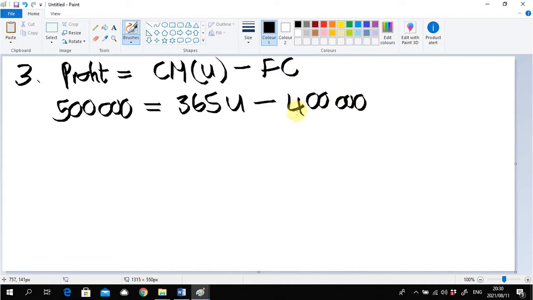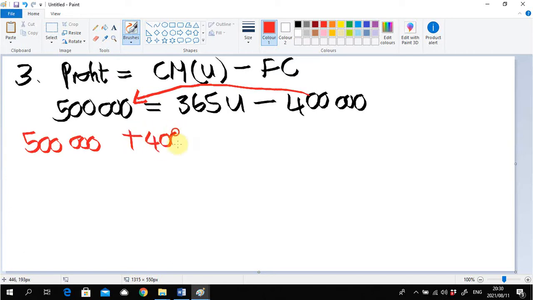So from this point forward, simple mathematics, I need to take the 400,000 over the equal sign. So it's going to be 500,000 add 400,000 because we need to change the sign, is 365 units. We want to know what the units are, so we need to then get an answer and divide by 365.